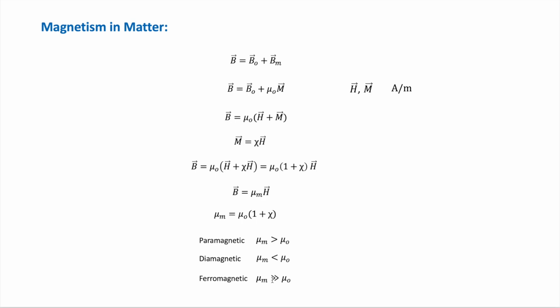Also note that, as we said, for ferromagnetic materials, M is not a linear function of H, and also mu M for ferromagnetic materials is not a characteristic of the substance, but it depends on the previous state of the sample.